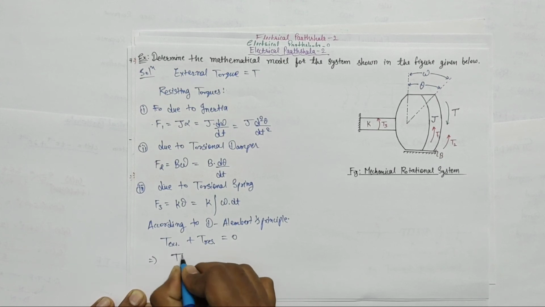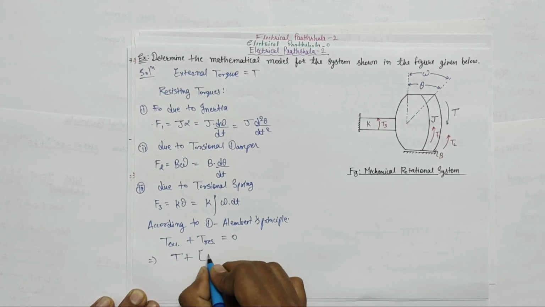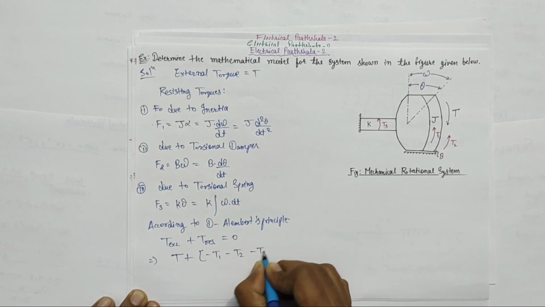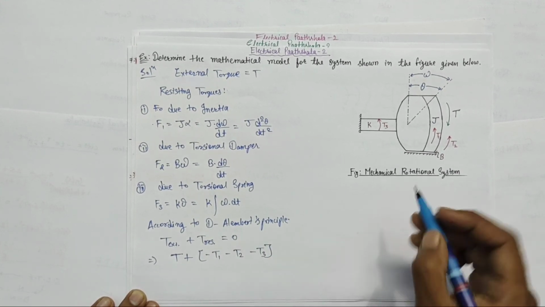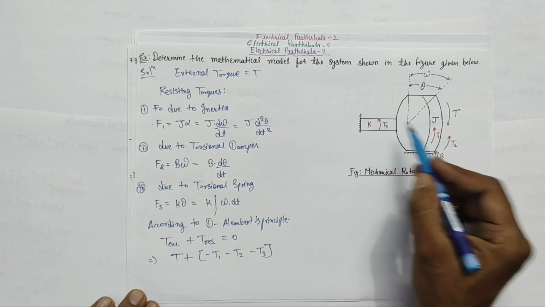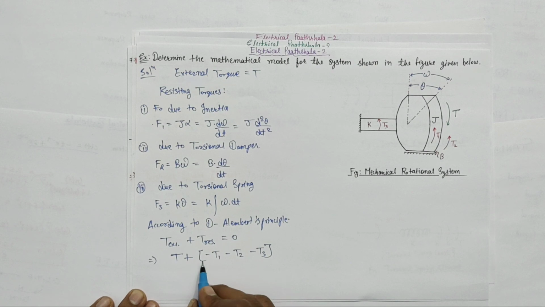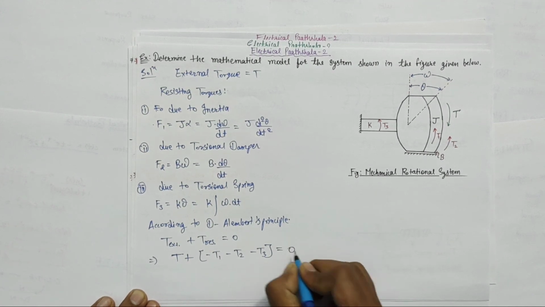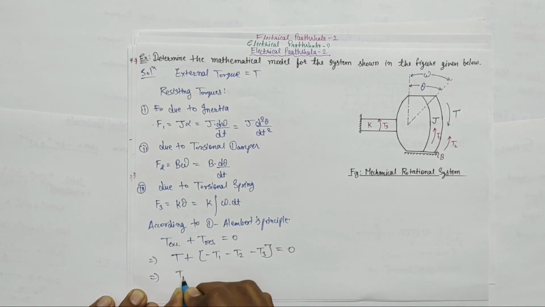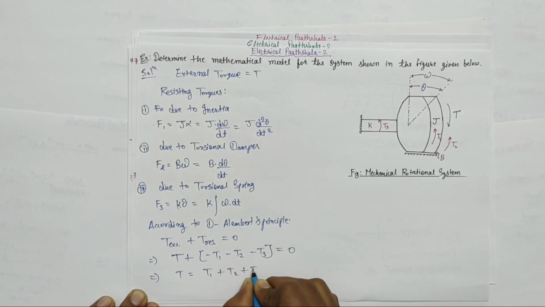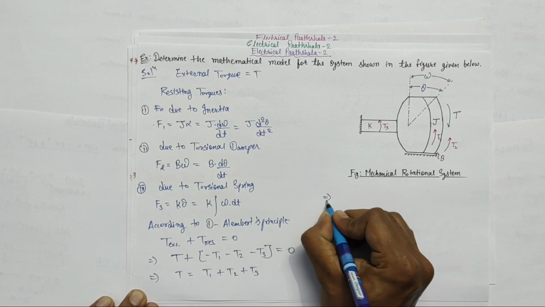Therefore, we can write that the external torque is T and the resisting torques are minus T1, minus T2 and minus T3. Why negative signs here? Because the resisting torques are acting in the opposite direction of the externally applied torque, and that's why we have taken negative signs here, and this is equal to 0. Therefore, we can write T is equal to T1 plus T2 plus T3.